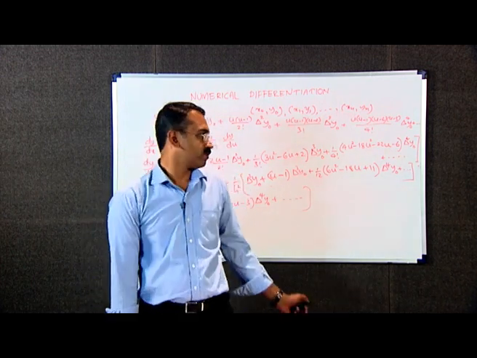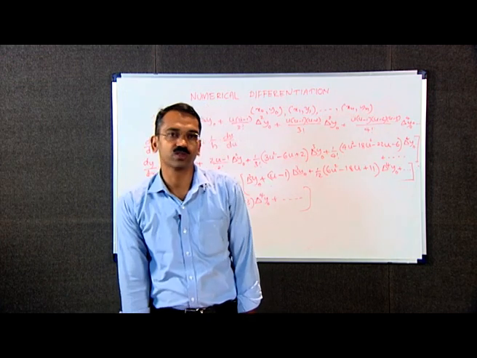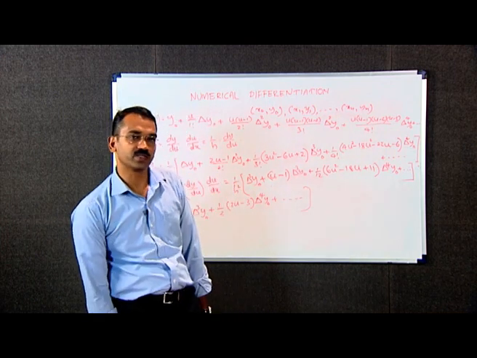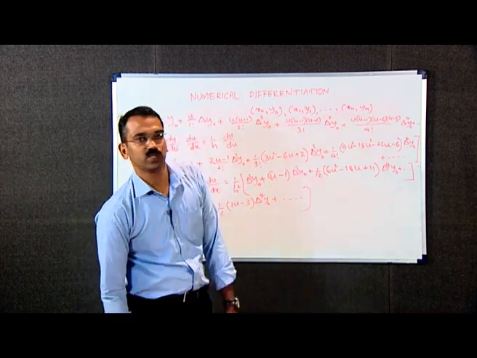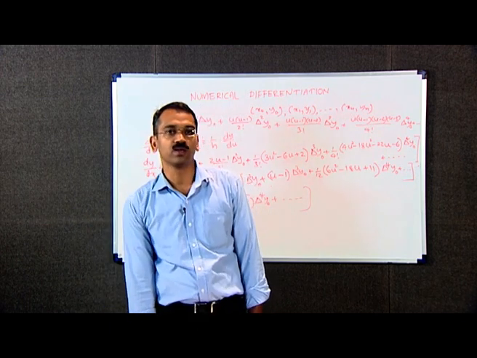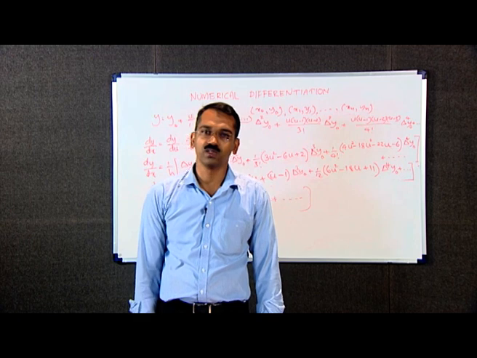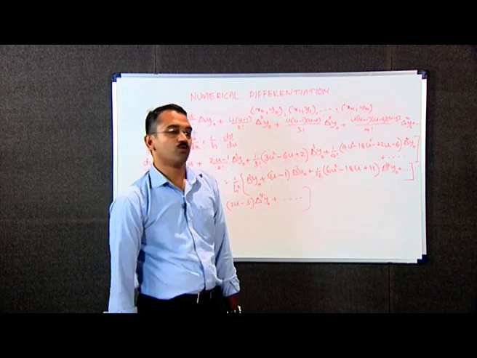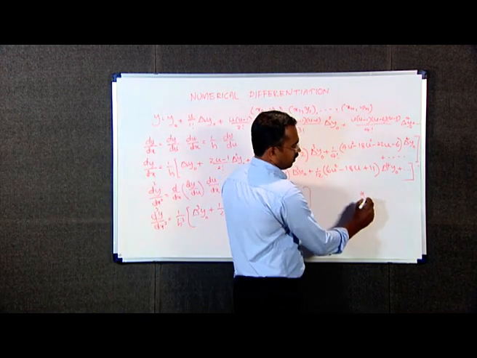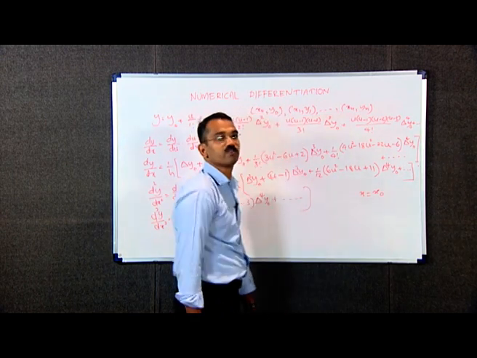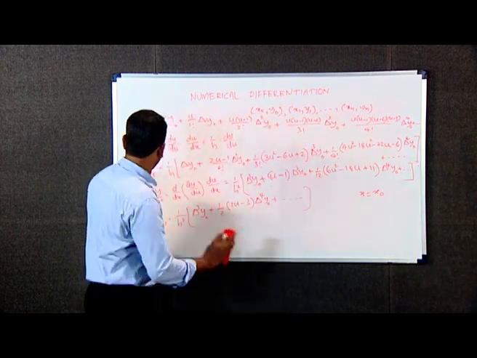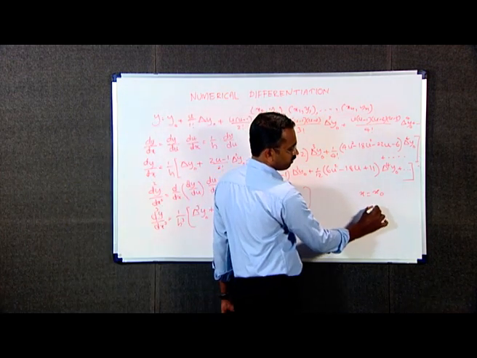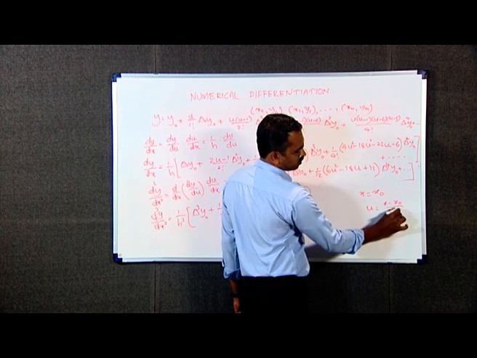These expressions for derivatives may be used to find the first three derivatives of y at any point x equal to x k, where x k is lying between x naught and x n, or x k is very close to x naught or x n if it lies outside the range x naught, x n. When x equal to x naught, u will become 0, because u is x minus x naught divided by h.